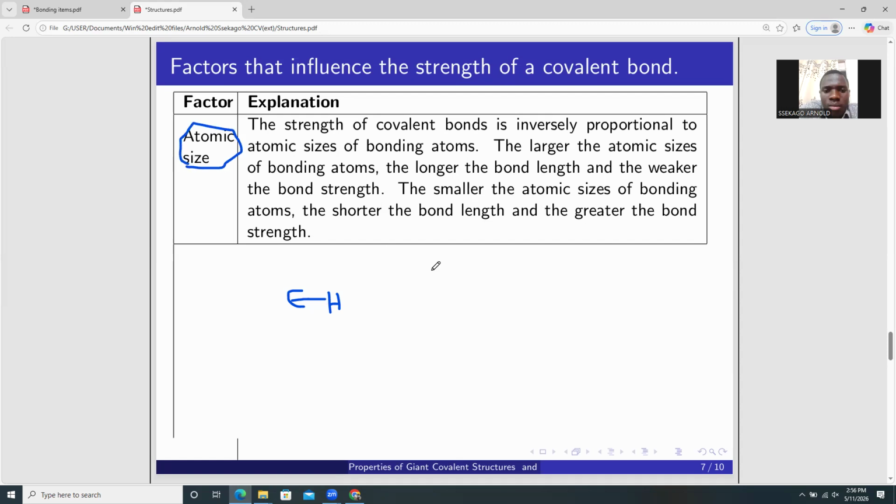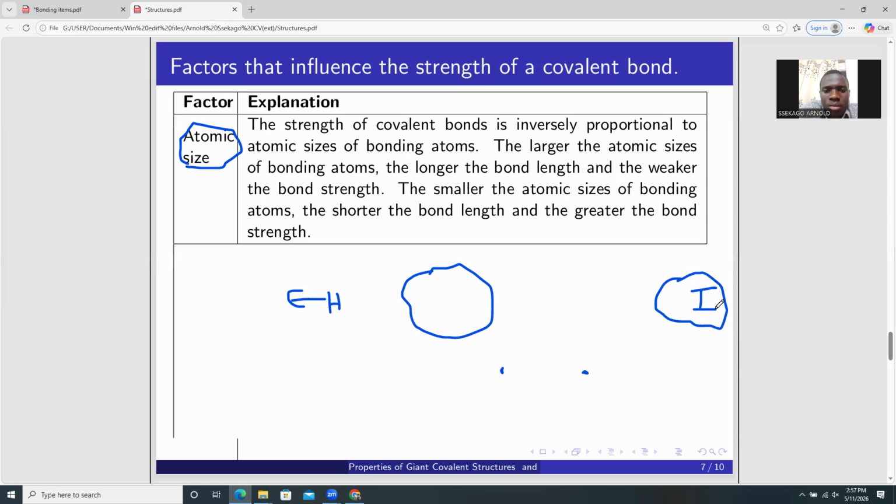For the size of an atom, we look at the case where the atoms are very big, and also when they are small. A very big atom, for example, is iodine.